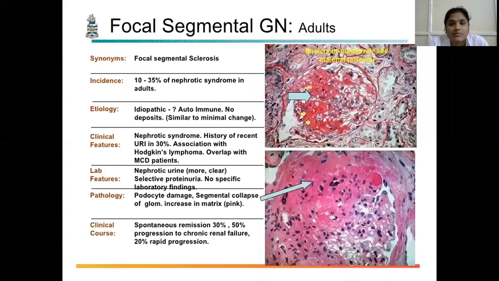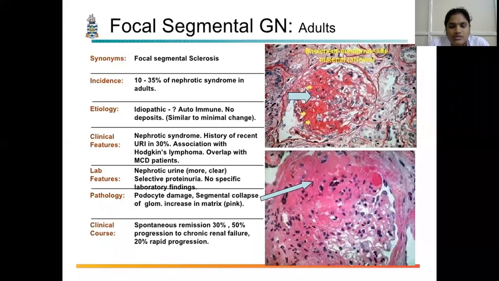So this is just a brief summary about focal segmental glomerulosclerosis. It accounts for 10 to 35% of nephrotic syndrome incidence in adults. Etiology is idiopathic or autoimmune. The clinical feature is nephrotic syndrome, same. In lab investigations, nephrotic urine and selective proteinuria is seen.